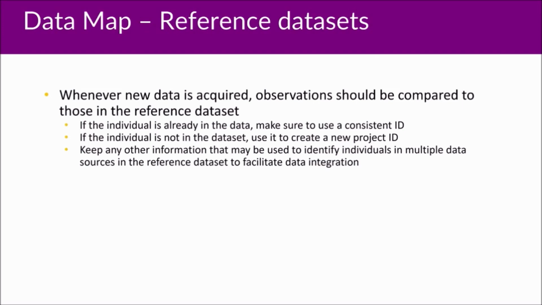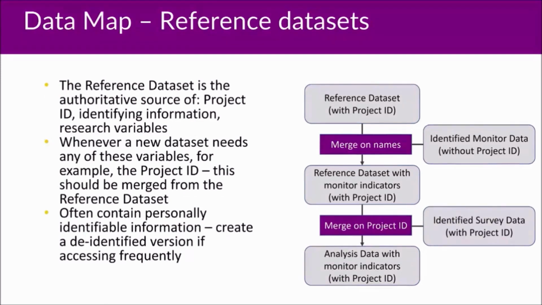So it's a way for us to keep track of everyone that we have in our population, or it's the closest that we get to a census of our population of interest.